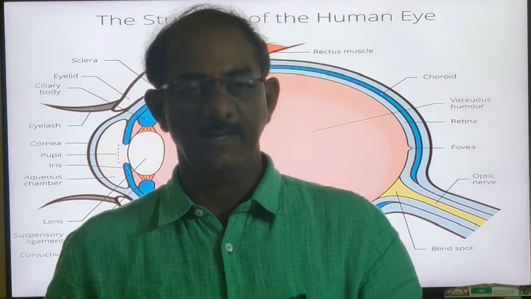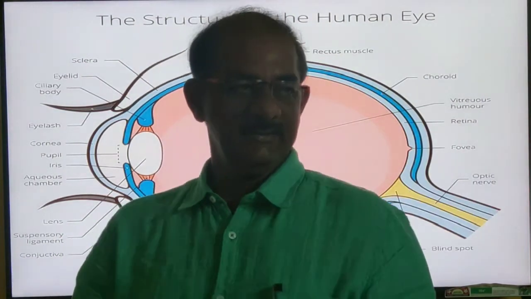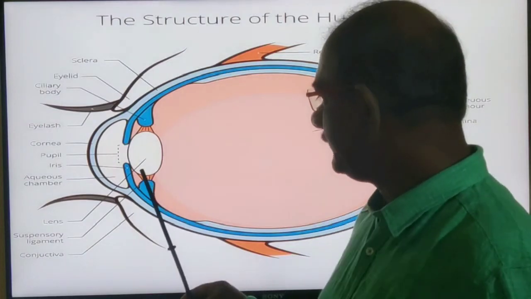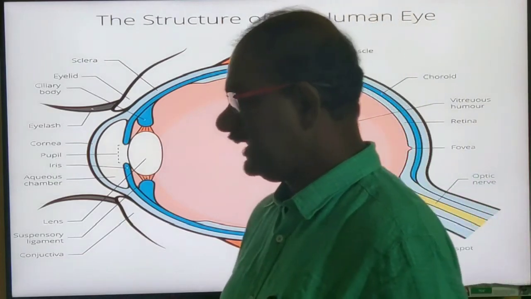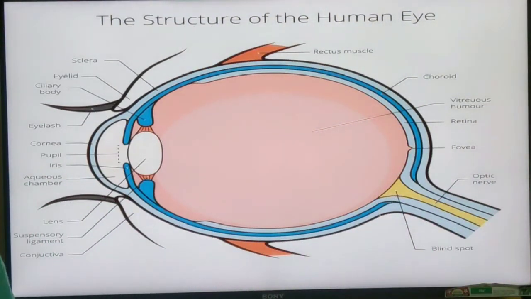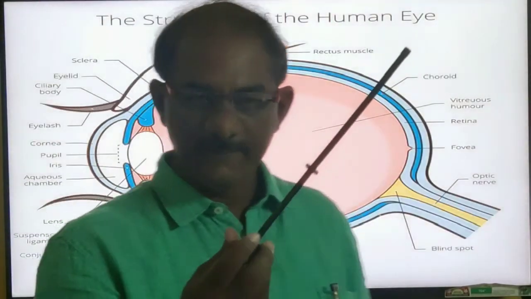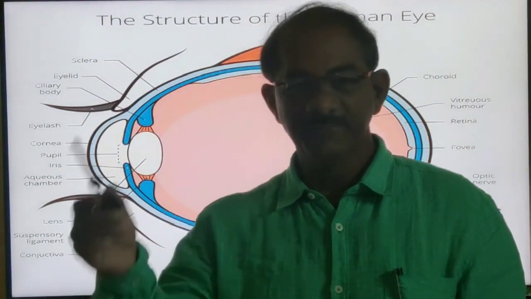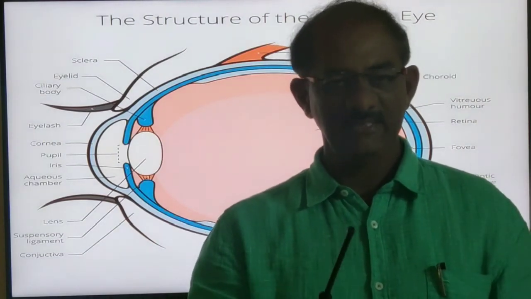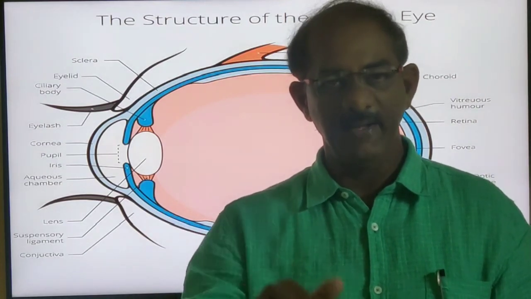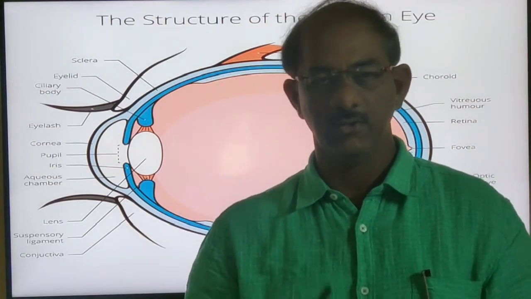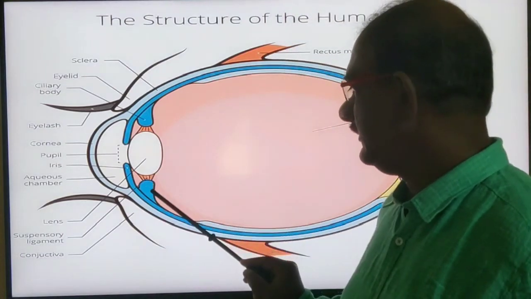It also helps maintain the shape of the pupil and the iris. Means the lens changes according to the object. So this is the function of the ciliary body: the lens shape constricts or dilates with its help.